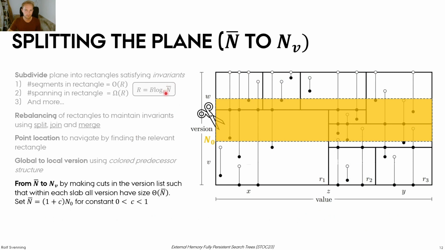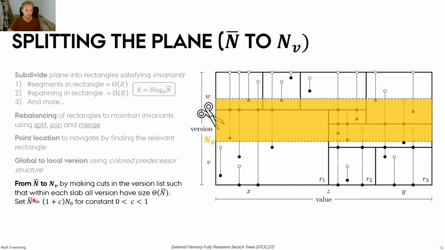Finally, how do we get from this upper bound on how many updates are allowed in the structure to this n subscript v, the size of the version we're accessing, which is what we actually care about? We do so by making certain cuts in the version list, such that within each slab, all versions have roughly the same size, roughly size proportional to this upper bound.